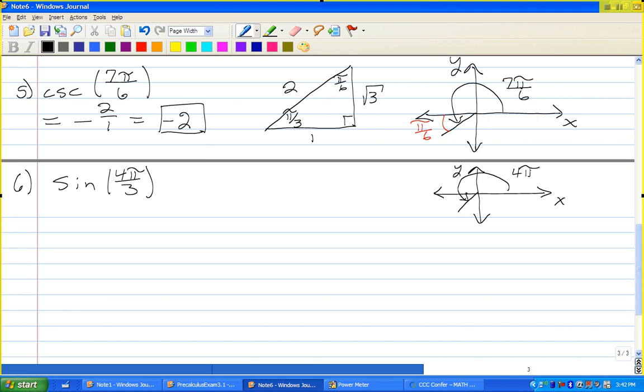So 4 pi over 3, your reference angle is pi over 3. And so looking at the above triangle, sine is going to be negative in the third quadrant. And so sine of pi over 3 is opposite over hypotenuse, root 3 over 2. And that is your answer.